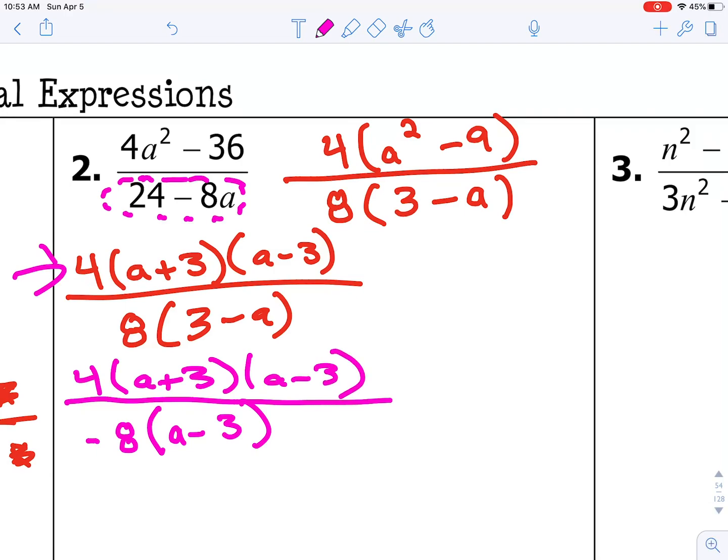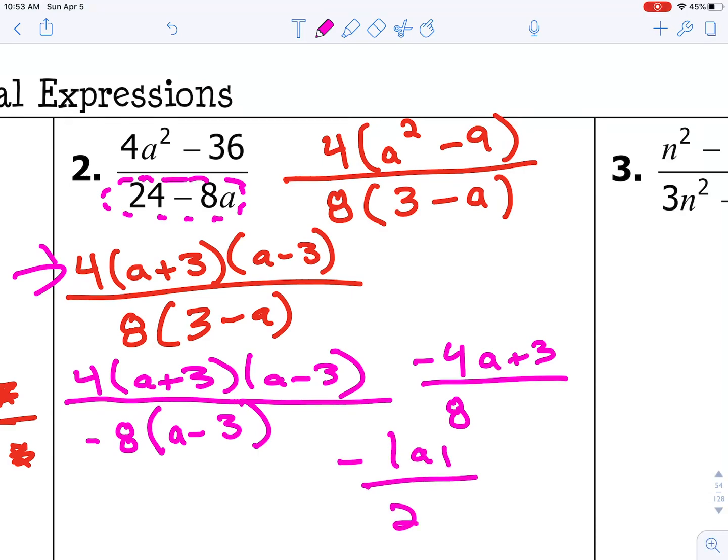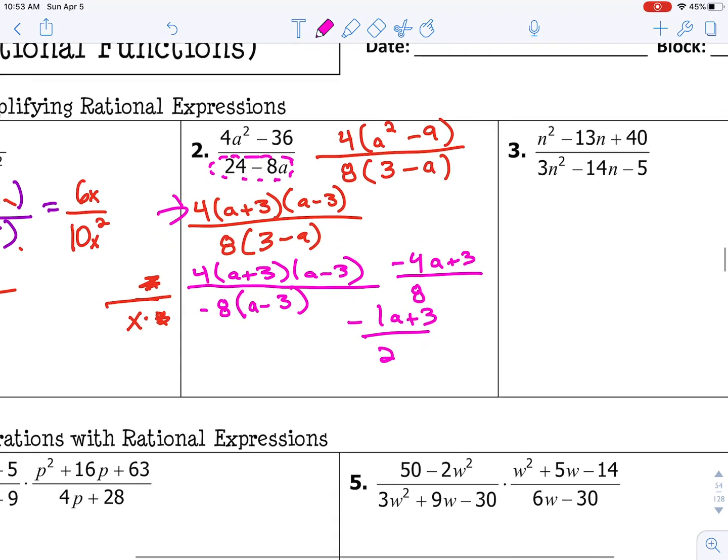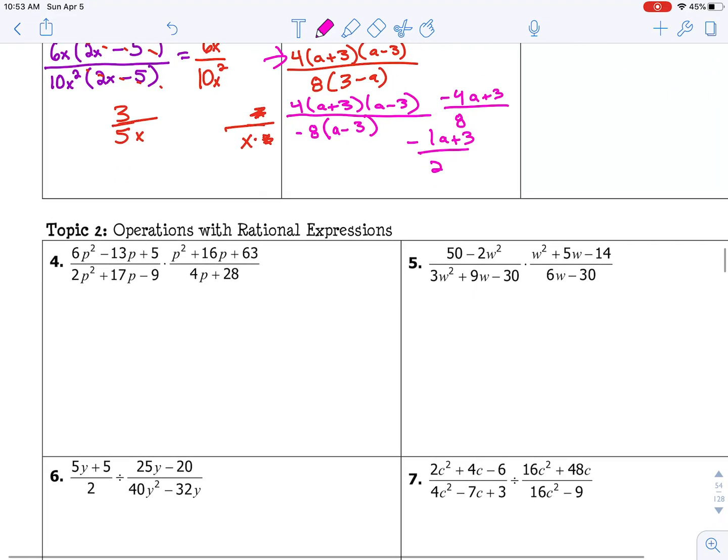And now I can see that my a minus 3s are all lined up, and they go away. So I have this with an a plus 3 on the top, and then 4/8 simplifies to negative 1/2, and then a plus 3 on the top. Okay, that is how that one is going to work.